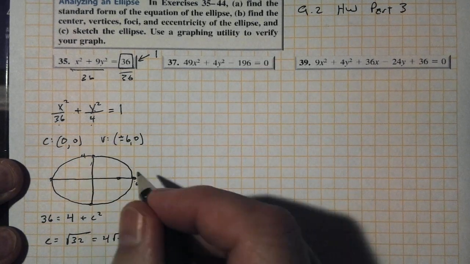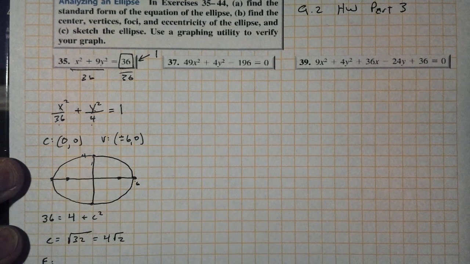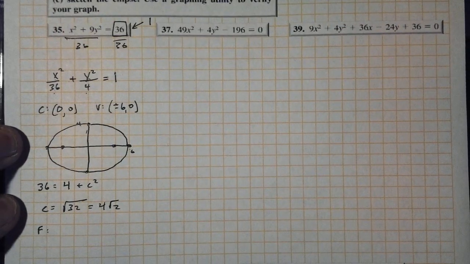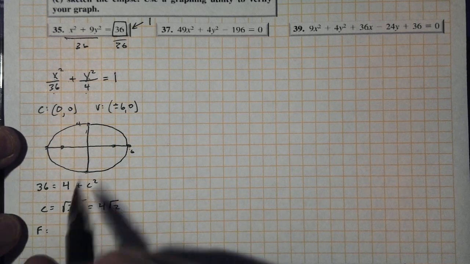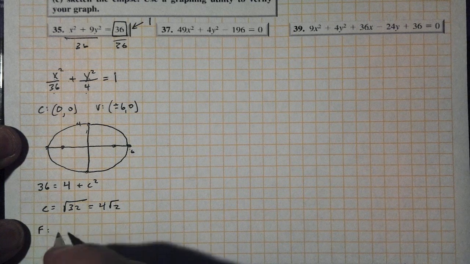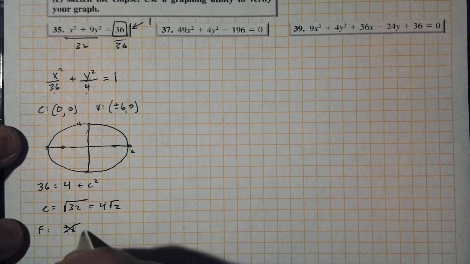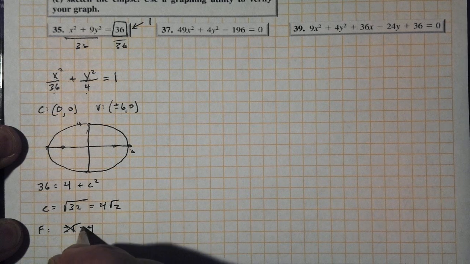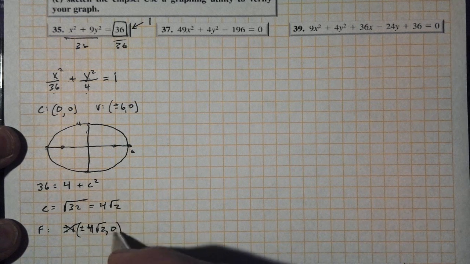It's getting close to 5. They're somewhere in here, but we'll name them correctly. The foci are to the right and left of 0, 0, 4 square root of 2. So that's plus or minus 4 square root of 2 and up 0.